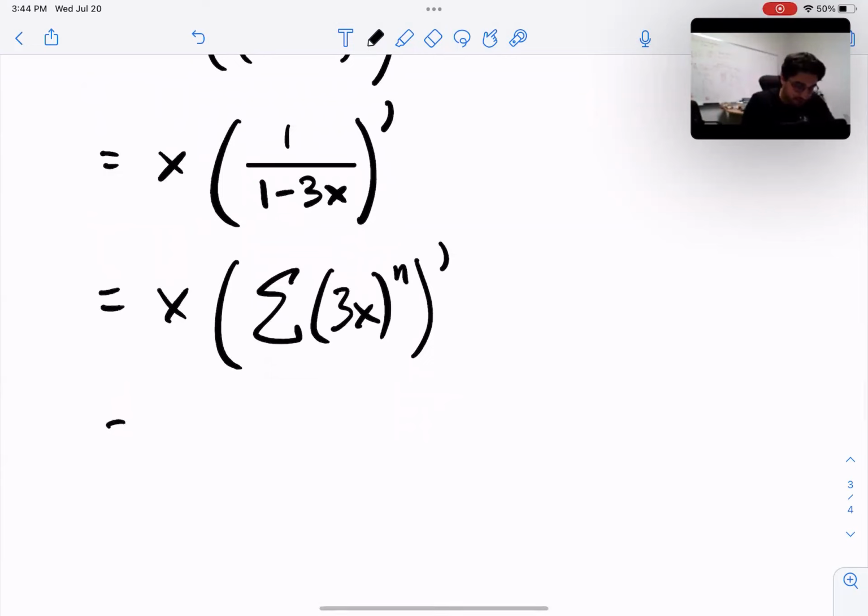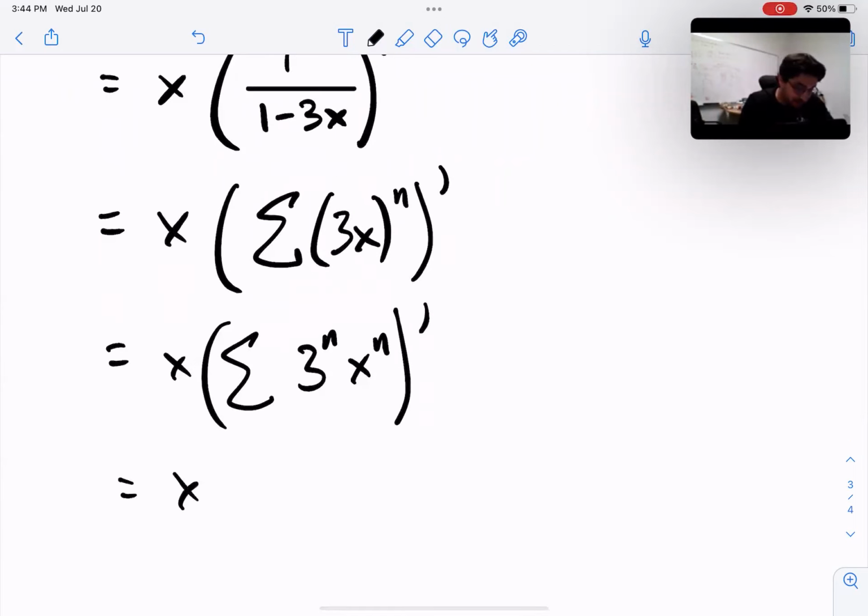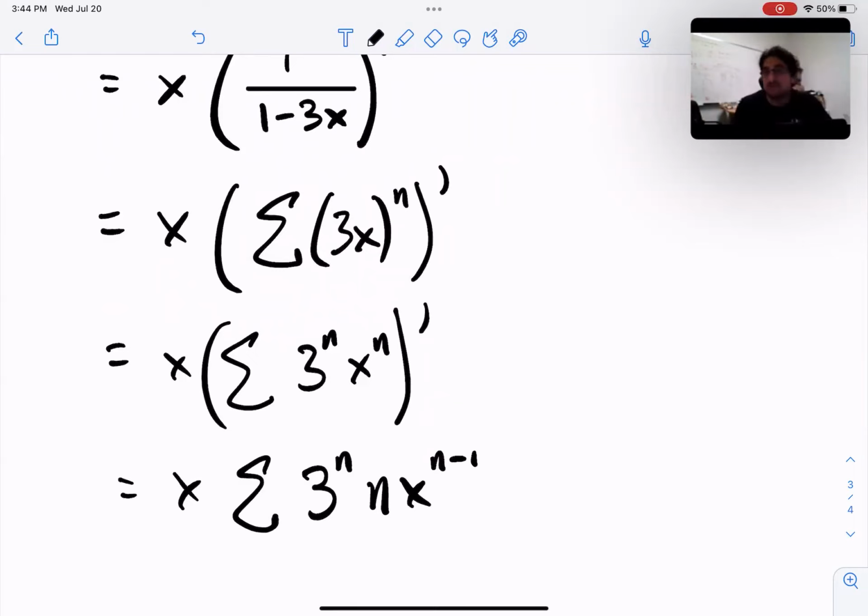At which point I can say that I can actually expand this power, 3 to the n, x to the n, and then I can take a derivative with respect to x, right? So the 3 and the n's, you just treat those as constants.